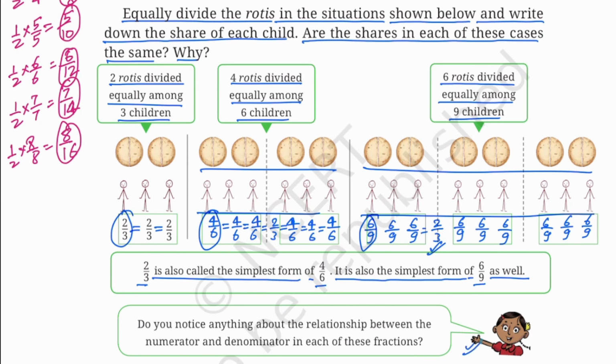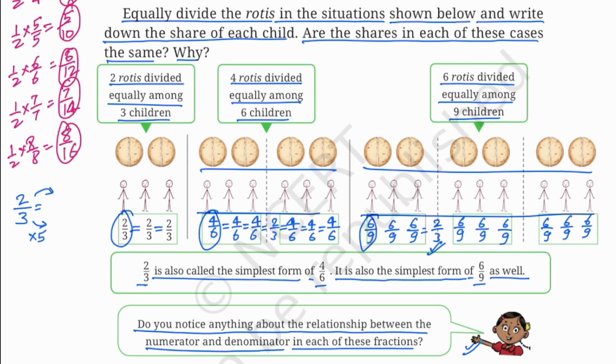This girl says, do you notice anything about the relationship between the numerator and denominator in each of these fractions? You can see, if a fraction is like 2 upon 3, while finding out its equivalent fraction, both denominator and numerator are multiplied by the same number.